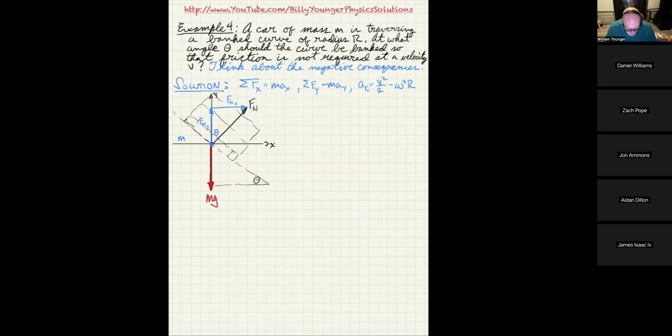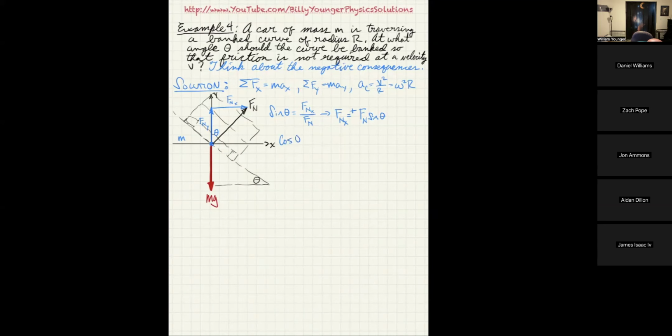And what we're going to do now is go ahead and write out our trig functions. We can say the sine of theta is opposite over hypotenuse, which is Fn sub x over just plain Fn. And that means Fn sub x, which points in the positive direction, so I'm forcing that sign to be on it, is going to be equal to F normal times the sine of theta.